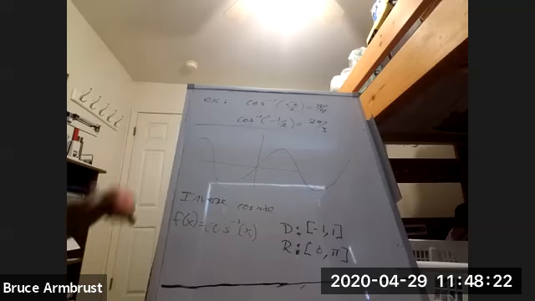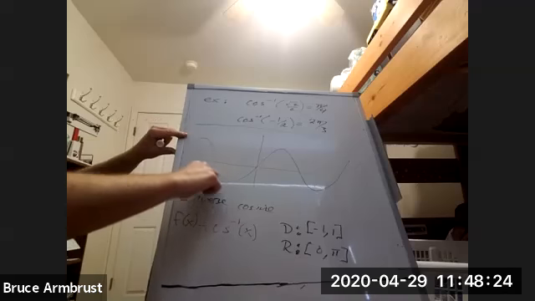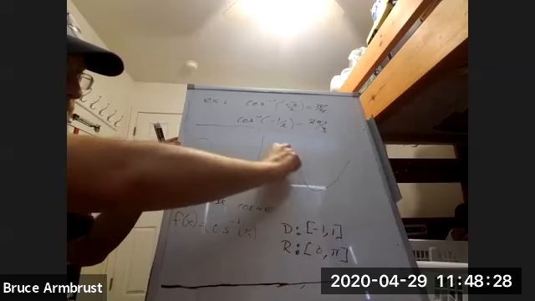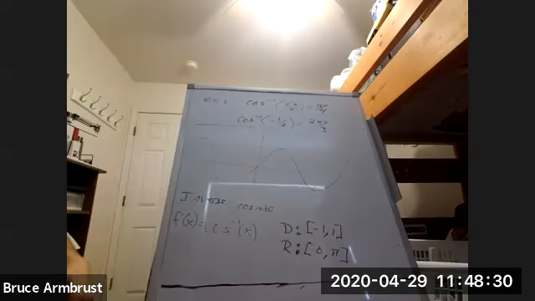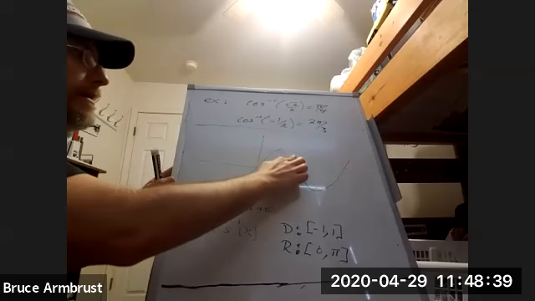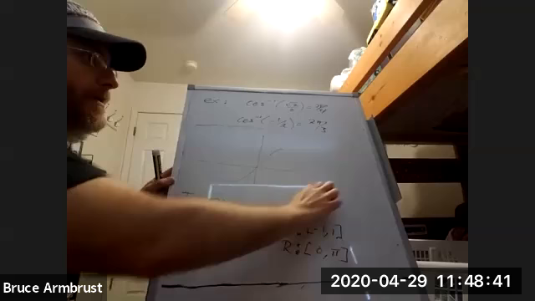The question is, how can I erase this so that I get everything between plus and minus 1 exactly once? There's lots of different ways we could erase it. We basically just need to keep some piece that goes from plus 1 to minus 1, or from minus 1 to plus 1, so we've got a ton of choices. The way it was decided was that we're going to erase everything but this piece.